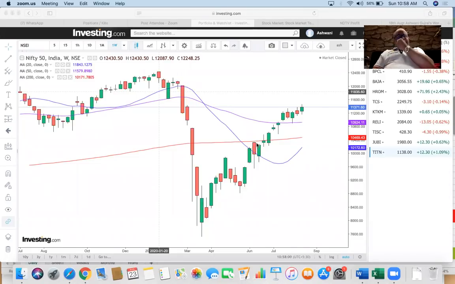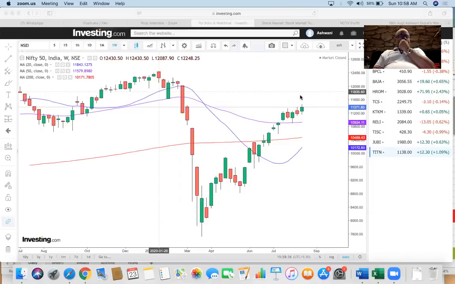For the swing trader, his stop is now below the highs of these couple of bars. So somewhere closer to 11,250 to 270, the swing trader needs to have his stop.